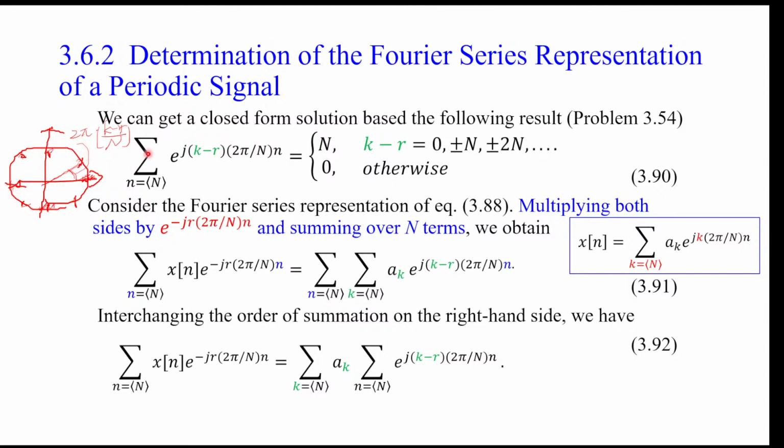This is a pure phase, so those are points on the unit circle, and they are evenly spaced out on the circle, because this point is e to the j 2 pi times (k minus r) over N.